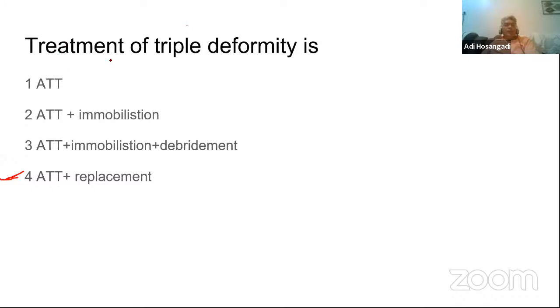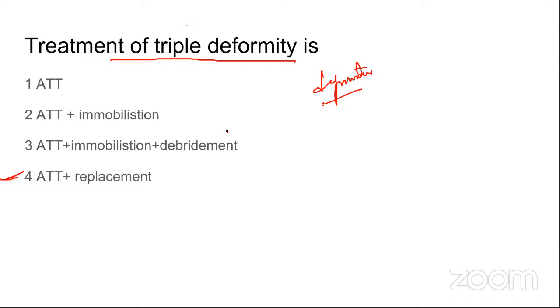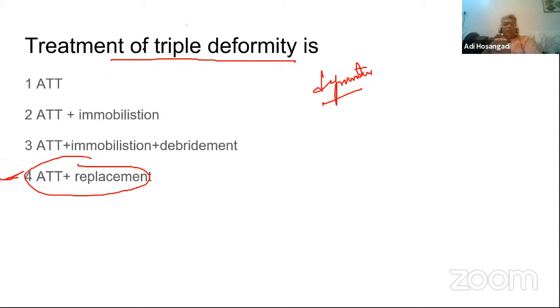Treatment of triple deformity. What is the treatment? Come on, very easy. Triple deformity of the knee secondary to tuberculosis: ATT plus replacement. Very good. ATT plus replacement, because triple deformity is already advanced arthritis.